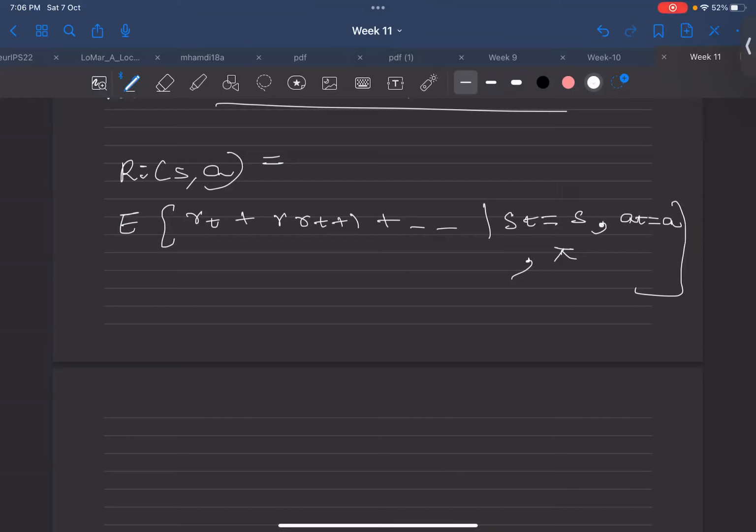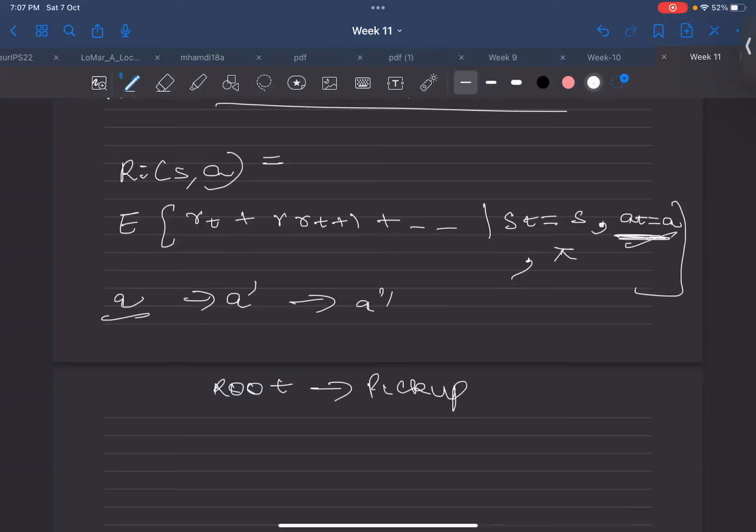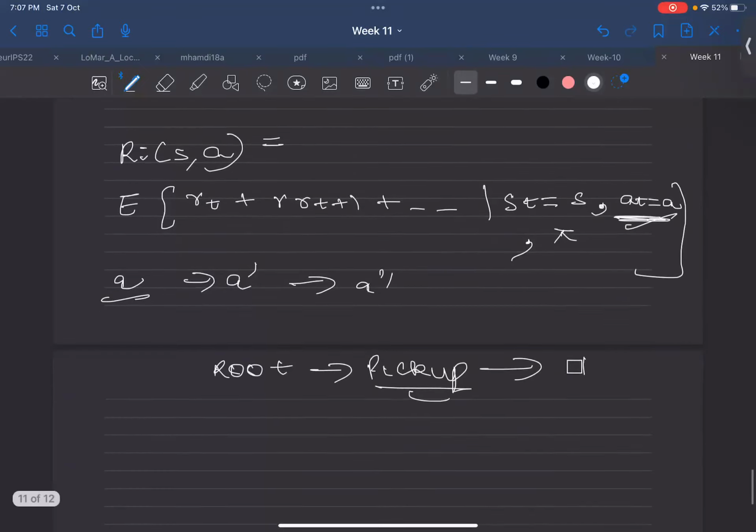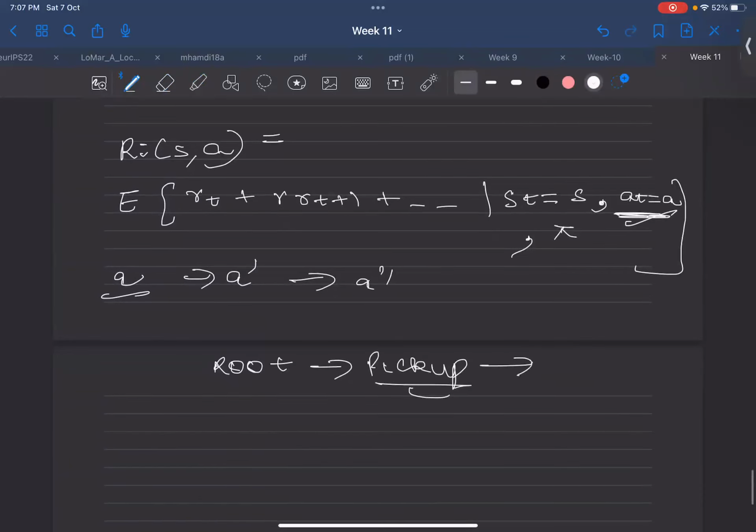Now, one more thing. In this hierarchical part, A is calling A dash, and A dash might call A double dash. Suppose I have root, which might call pickup. Then pickup might call navigate, and navigate might call south.